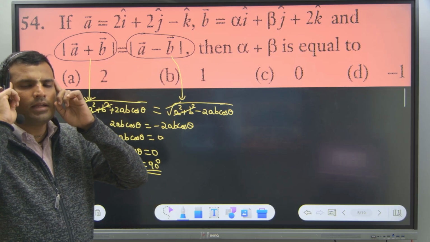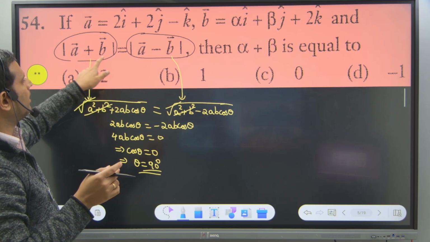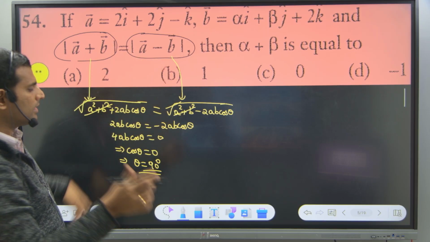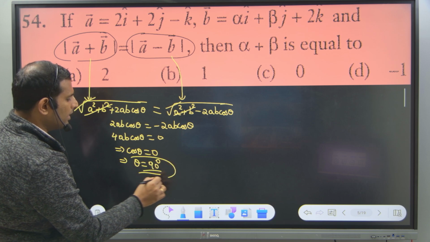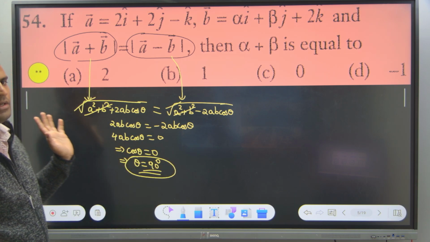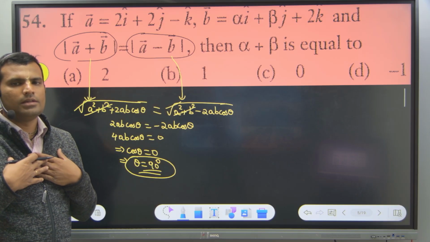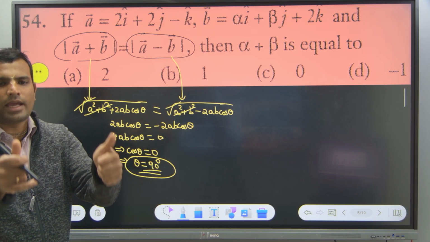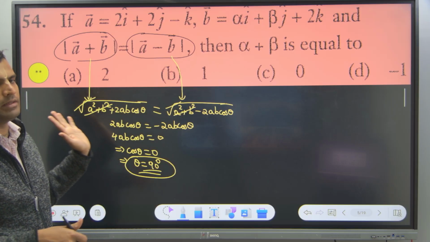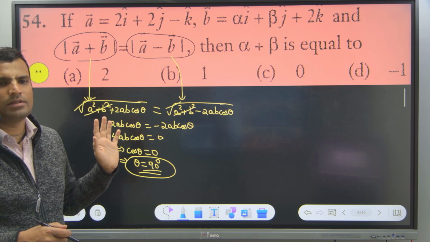You can directly remember the final result. Whenever they give mod of a plus b is equal to mod a minus b, you should understand the angle between a and b is 90 degree. That is what our friend directly remembered. But if someone asks how you got that result, you should know the method. That is why I explained it.